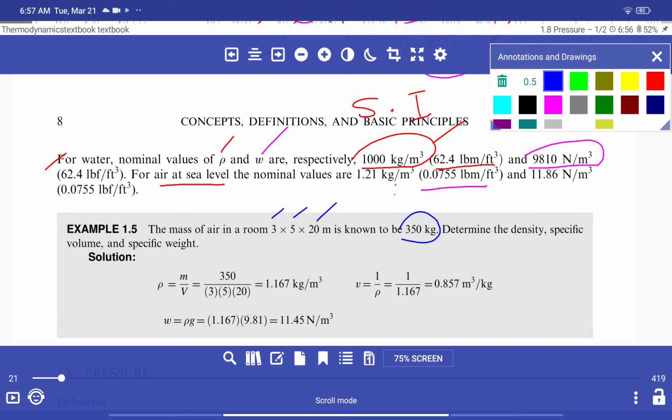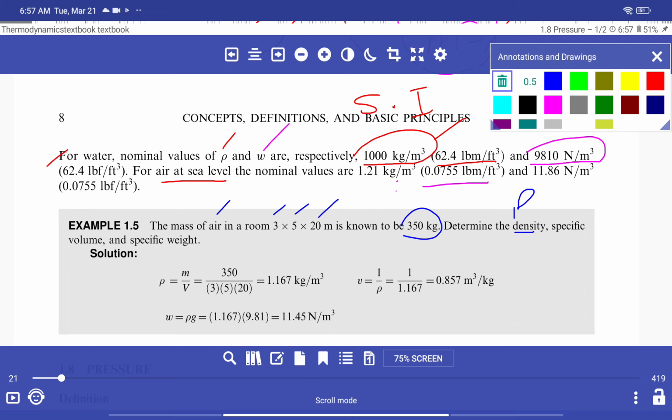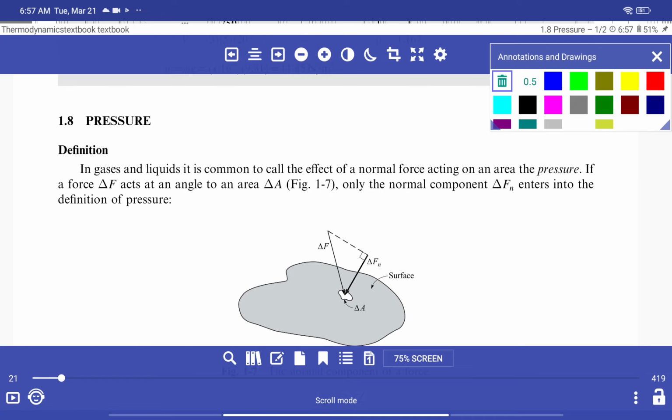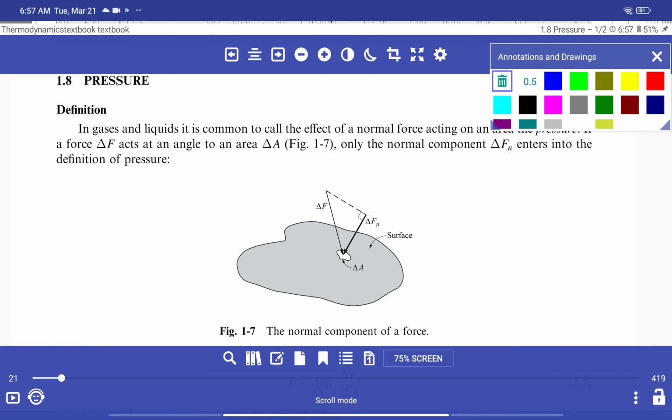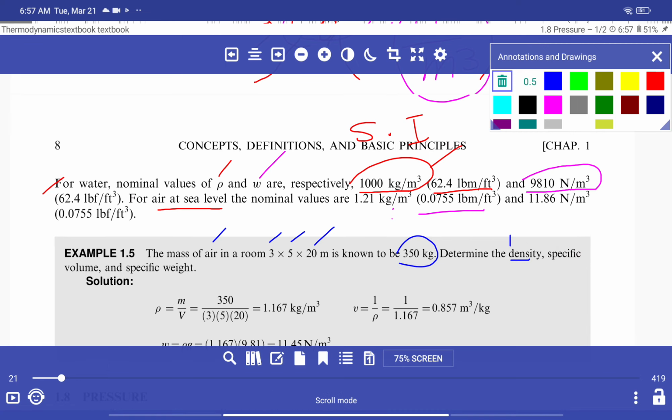Determine the density, which is rho, and then the specific volume, and then the specific weight.